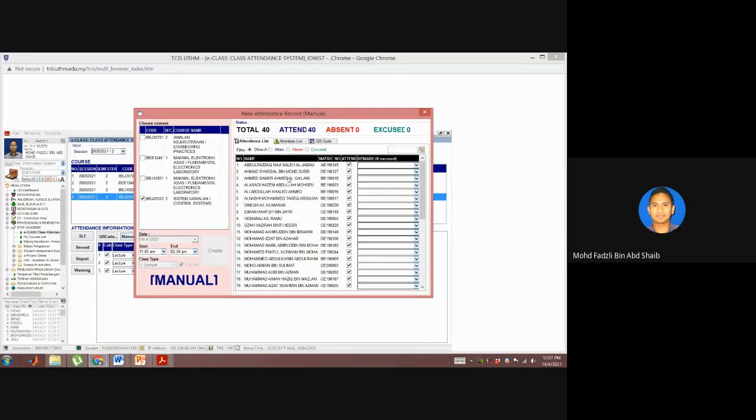Abdul Razak, yes, doctor, present. Shariza, ya, saya. Samir Ahmed Al-Gailani, absent. Al-Asadi Hazim, yes, doctor. Ali Abdullah Khalid, yes, doctor.